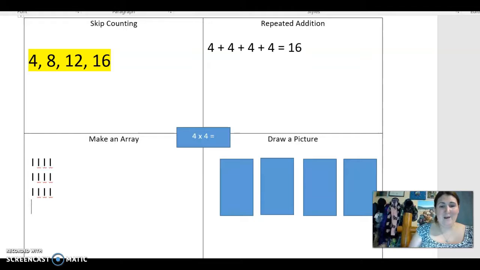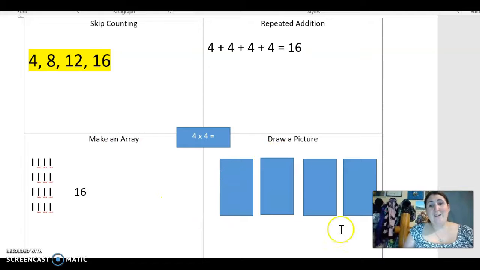And I need one more row. 1, 2, 3, 4. So now I can count them. Ready? Count with me. 1, 2, 3, 4, 5, 6, 7, 8, 9, 10, 11, 12, 13, 14, 15, 16. So there I also got the answer 16, boys and girls.